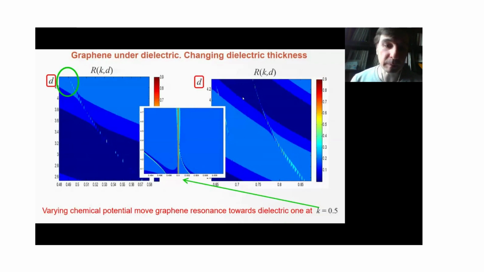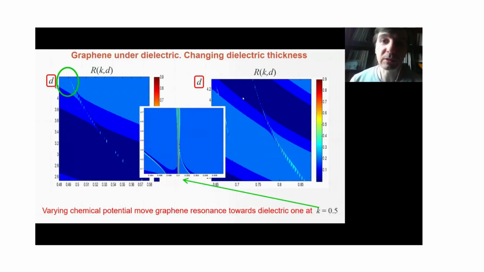We study the behavior of these resonances in reflection and transmission through this structure when we change different parameters of the structure, like the thickness of graphene or the dielectric layers, depths of grooves in the periodic corrugation of the dielectric, and so on.